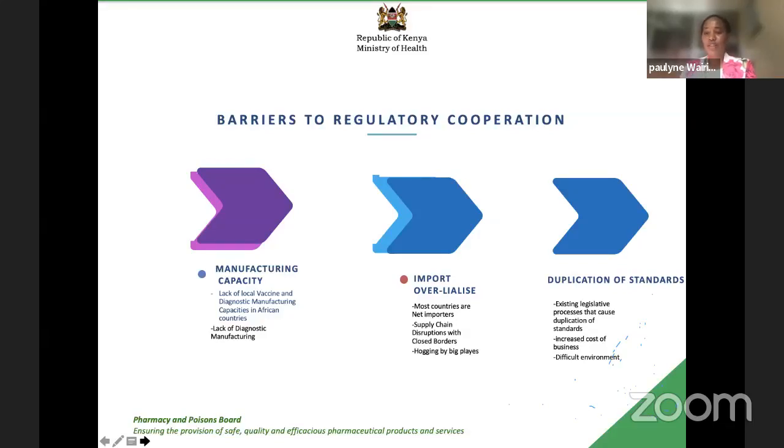Duplication, I think I've already addressed this, the duplication of standards. If the standards used in Kenya are different from another country, obviously there are going to be challenges; it's not going to work where one procedure is different from one market to the other.